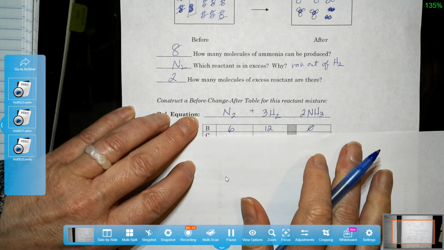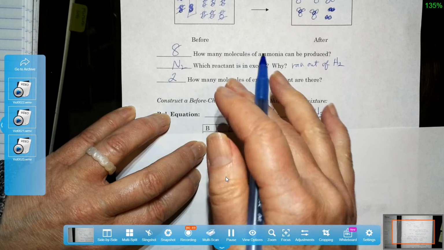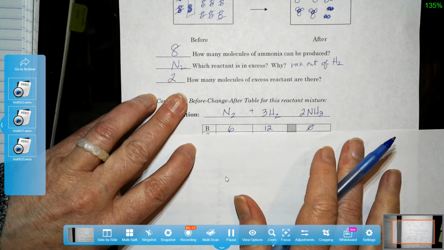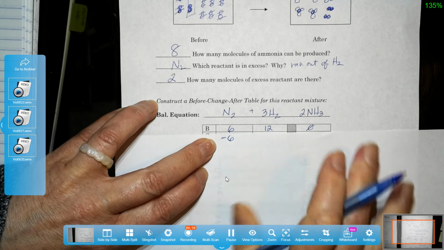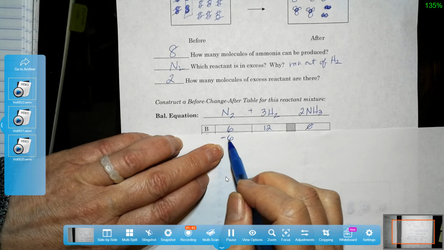Okay, so if you didn't draw it, you wouldn't have known that nitrogen is the excess reactant. So let's pretend that we think, okay, we're going to test this out. If this is my limiting reactant, then everything else is going to be determined from it.